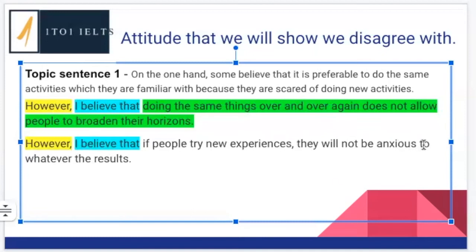So normally with anxious, what would be the preposition that we use for anxious? So be anxious is fine. Get anxious also works. But it's about, and then we just give the object. So what is our object here? Out of these three words, what is our object?